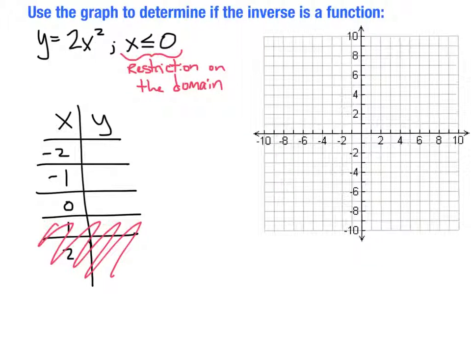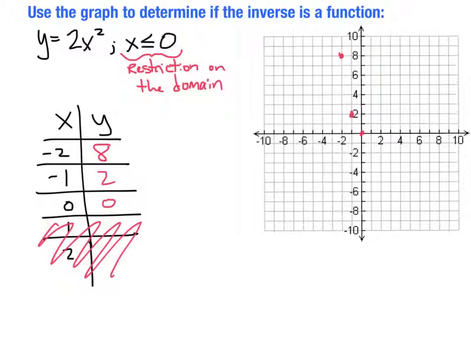Now, if you were to plug negative 2 into 2 times x squared, what's negative 2 squared? 4 times 2. So I've got the point negative 2, 8. Okay, negative 1 squared times 2 is 2. So negative 1, 2. Now I've got 0 squared is 0 times 2 is 0. Okay, and then my graph has to stop.